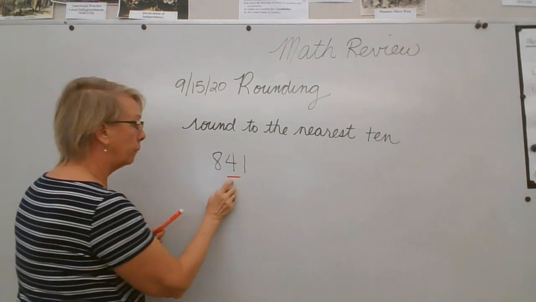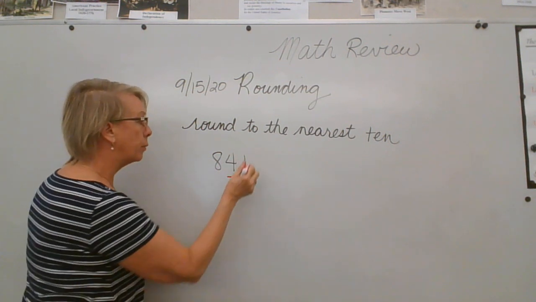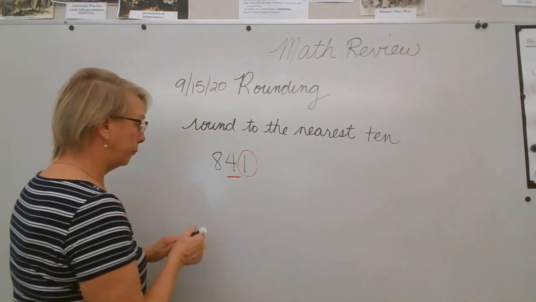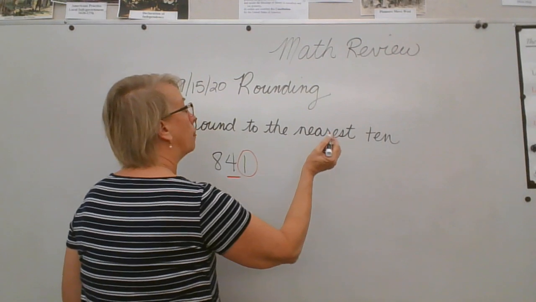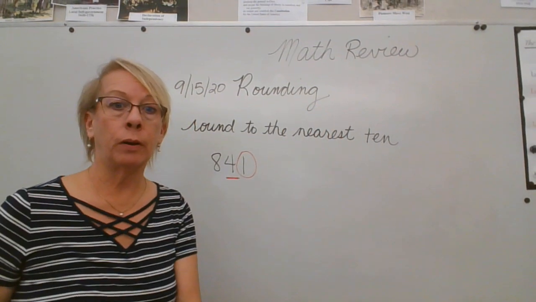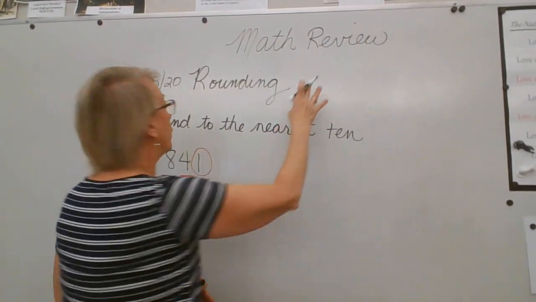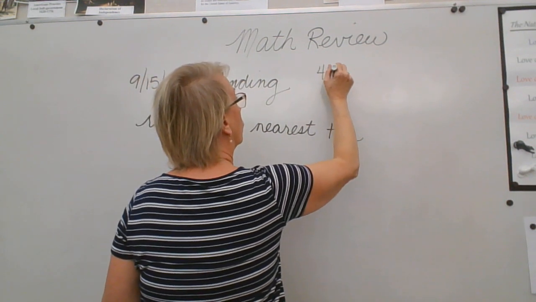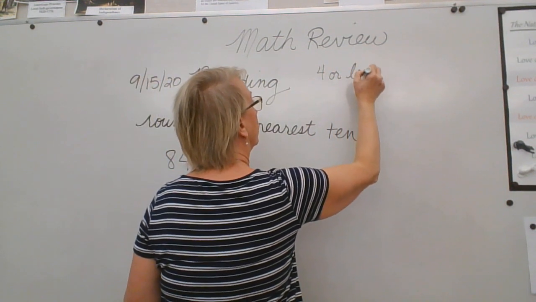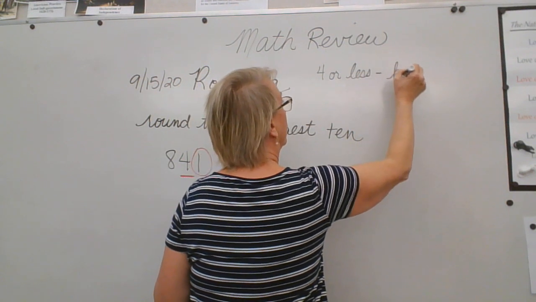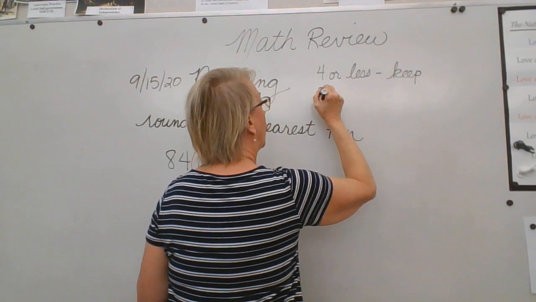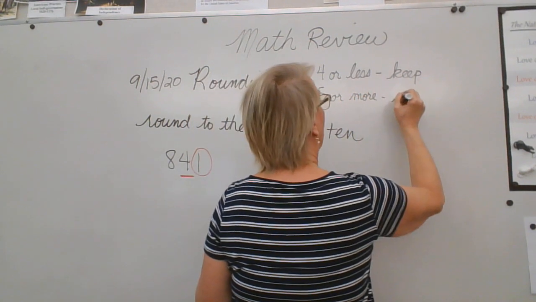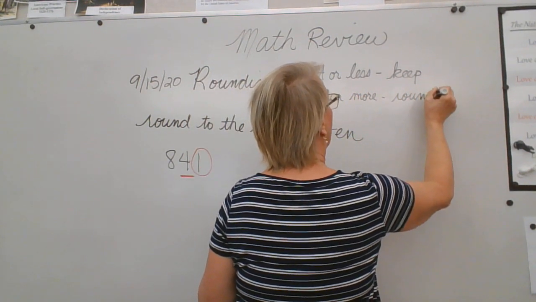So you underline the number you're going to keep, you circle the number next to it, and you ask yourself, and I want you to write this up here at the top, next to rounding: 4 or less, keep the same; 5 or more, round up.